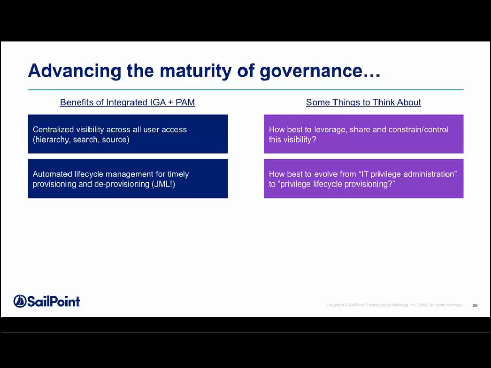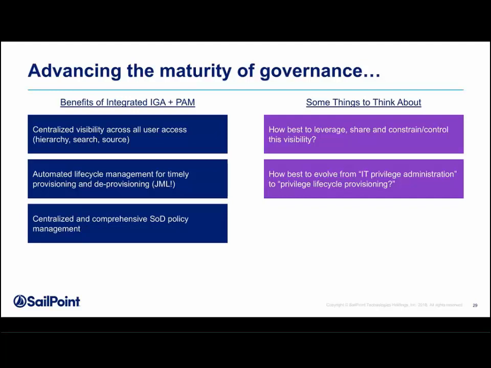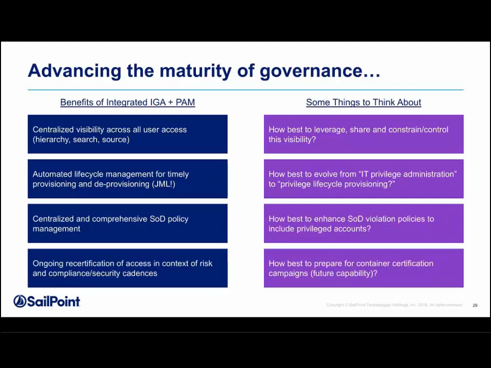Now, that thing that I mentioned earlier, that ability to certify the contents of a container before you even make that container available is really, really key. And I allude to that actually in this last one, right? So in the last case, recertification of access or certification upon provisioning of new access, that's a really, really important thing to start thinking about how you imagine the life cycle evolving, right?